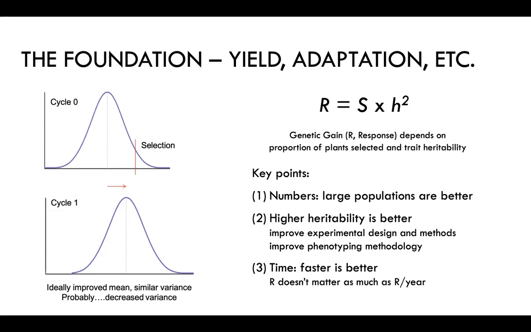Advancing the heritability in that way by minimizing error is going to improve your gain. And of course, time. Generally in breeding, faster is better. And it really isn't the response to a cycle of selection that matters so much. It's the response per year. And so trying to get that response up on a yearly basis is what much plant breeding research is geared toward.